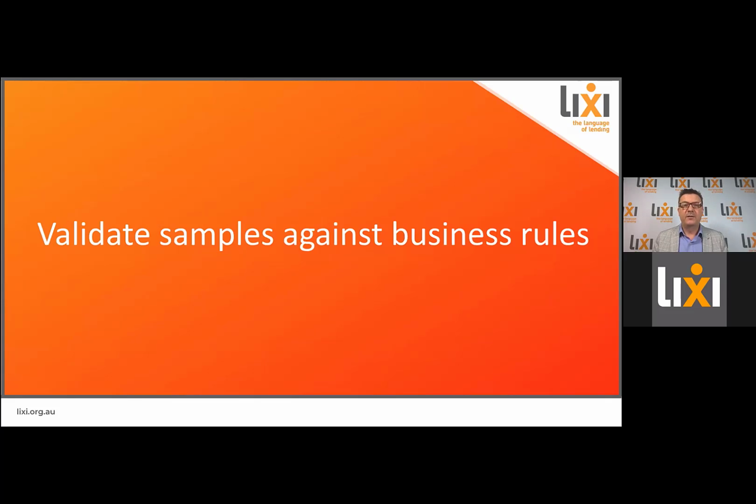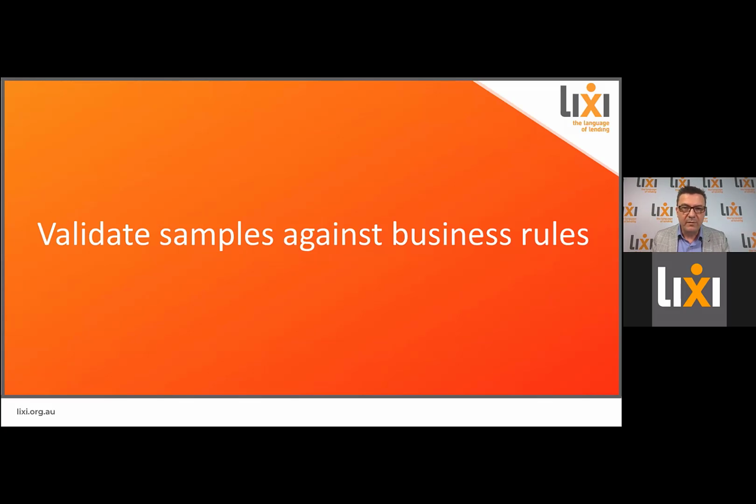So great, now I've cloned the samples, I've cloned the standards, and I've validated all of the samples against the schemas. Well, that's great, but what if I want to evaluate the samples against a variety of business rules, something a little more complicated, say some conditional logic?